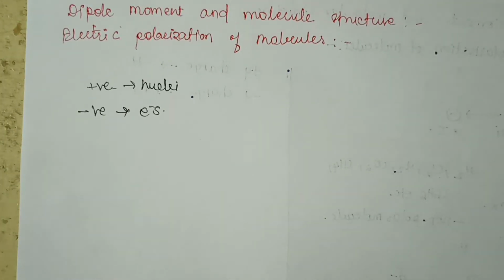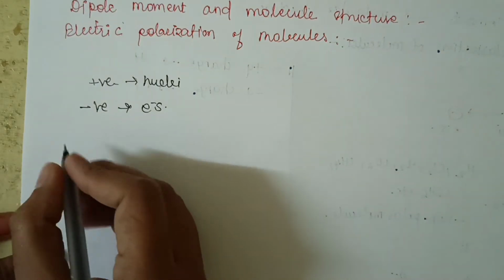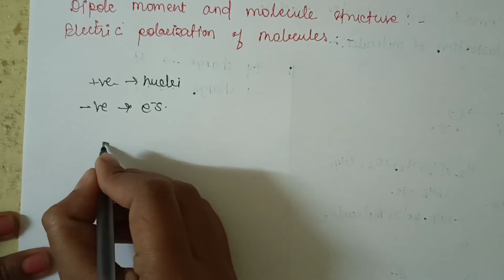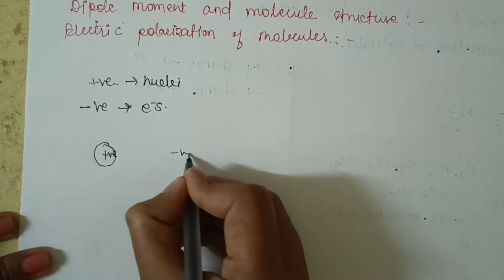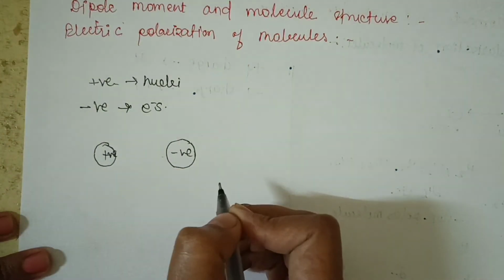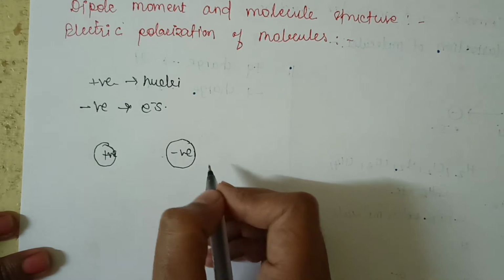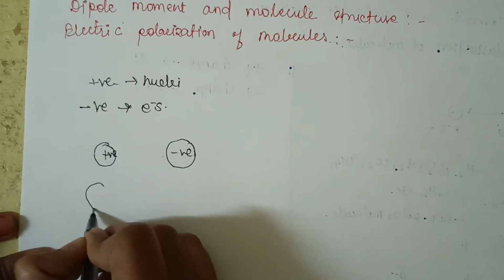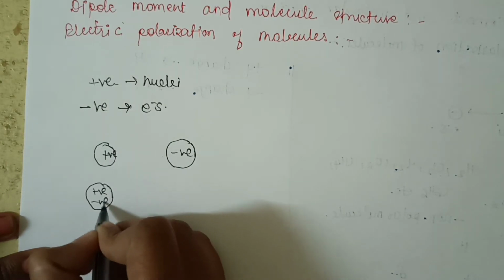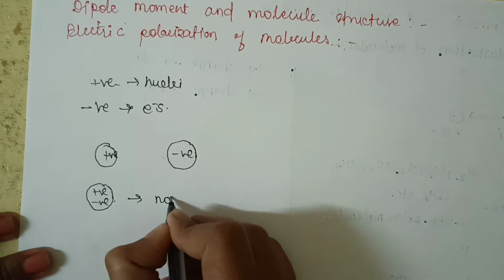If the center of gravity of the positively charged nuclei coincides with that of the negative charges, it will be a non-polar molecule. If this is the positively charged nuclei and this is the negatively charged one, and these two circles coincide with each other like this, then this will be a non-polar molecule.